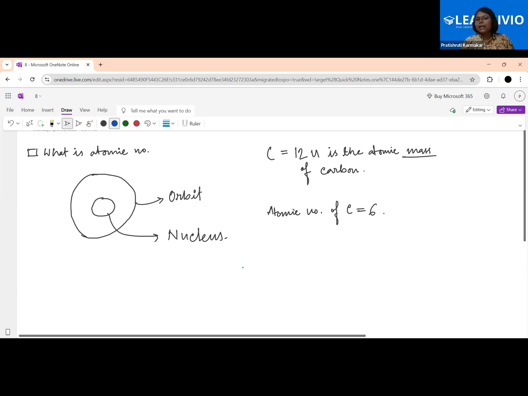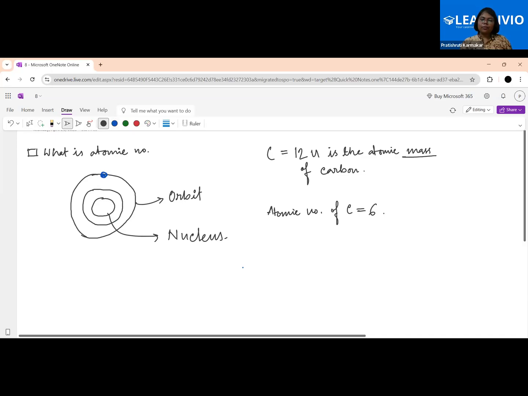So let's say I am drawing a carbon atom. How many electrons will I draw?